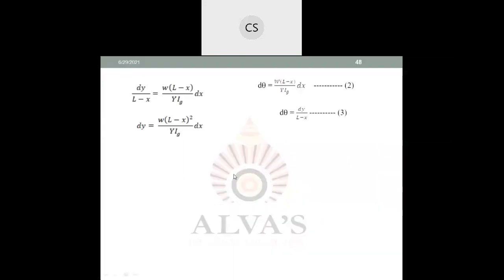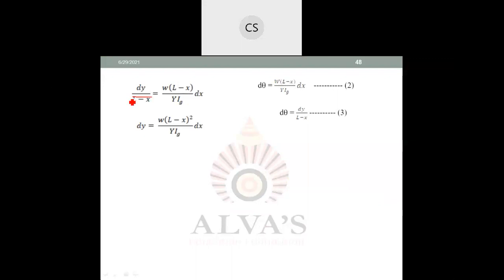Let us rewrite that. Our aim is to find the expression for depression. So L minus x goes to the other side.